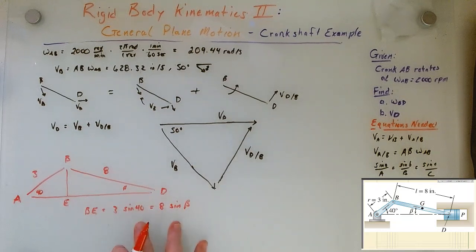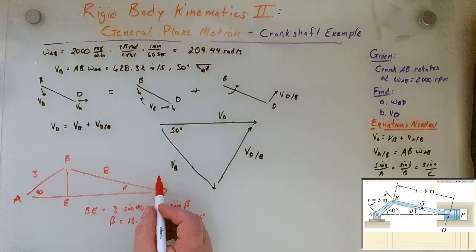If we divide by 8, then beta is the inverse sine of 3/8 of the sine of 40. When we do that calculation, we get that beta is equal to 13.948 degrees, which is close enough to 13.95 degrees.